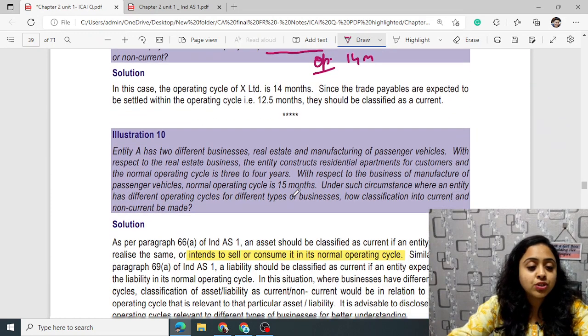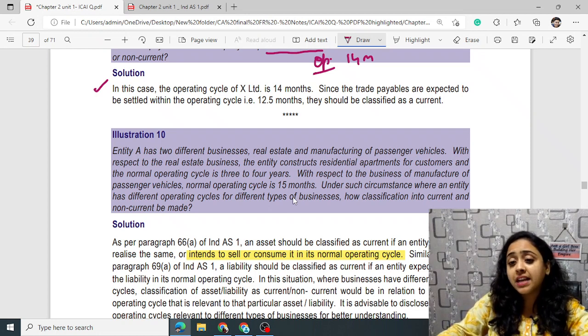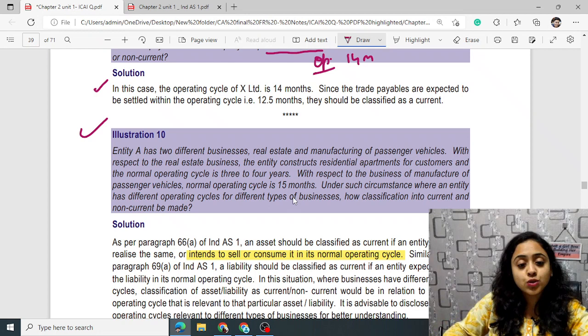Please read the solution. In this case, the operating cycle of X Limited is 14 months. Since the trade payables are expected to be settled within the operating cycle, that is 12.5 months, they should be classified as current. Next, entity A has two different businesses, real estate and manufacturing.